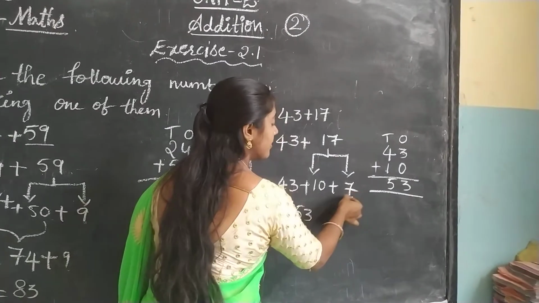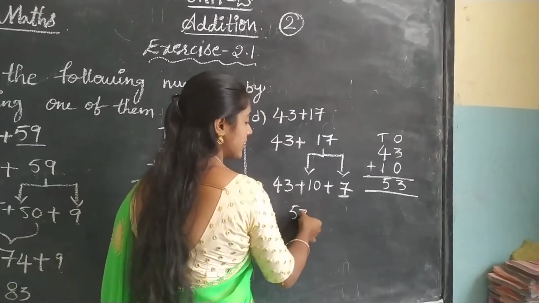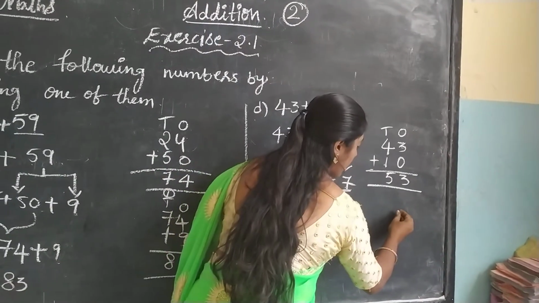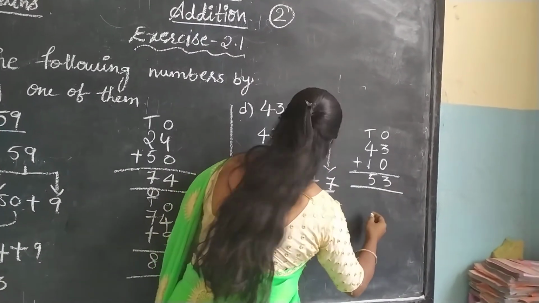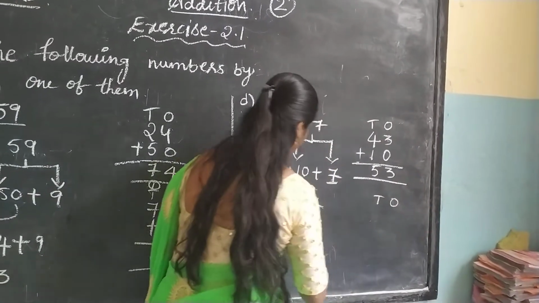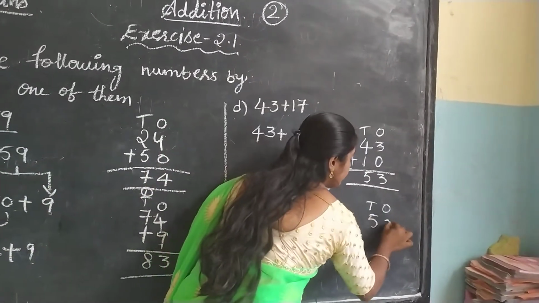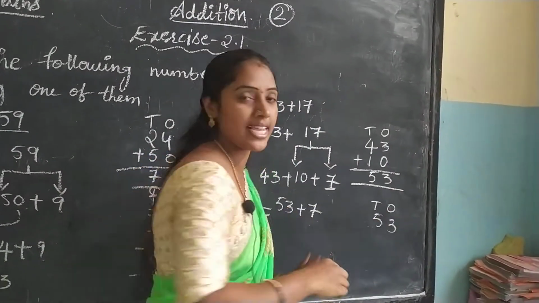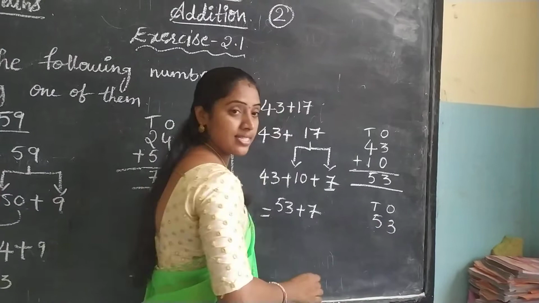Next you have to add this number, 53 plus 7. Here also you have to arrange place value wise. First take ones place and tens place. What is the number here? 53. This 7 is a single digit, so you arrange it in the ones place. Don't write it in the tens place, that is wrong.